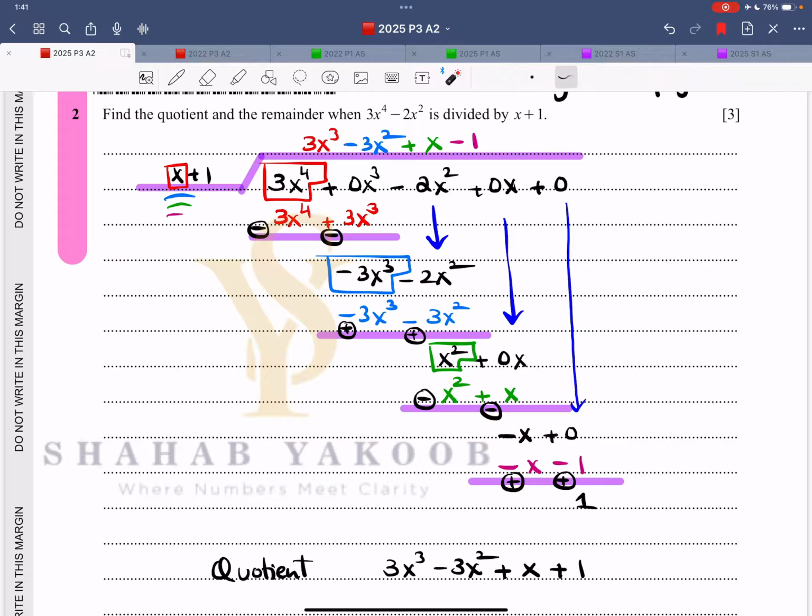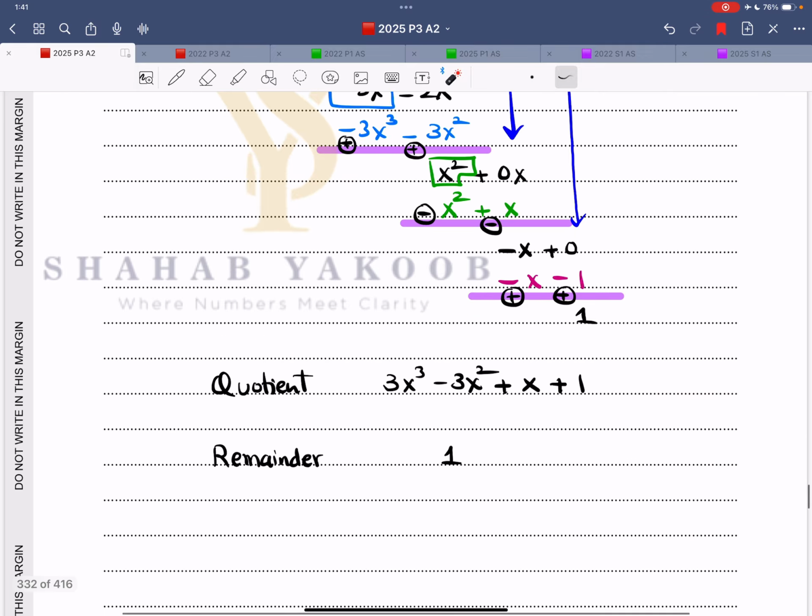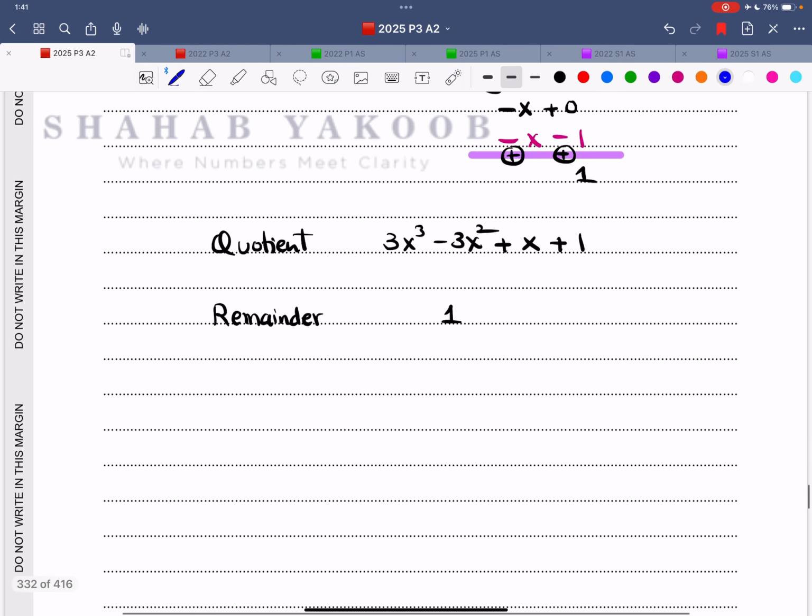And yes, it's not a factor because they're asking for quotient and remainder. Maybe in some case the remainder could come out to be 0, no issue. But right now they want the remainder. So now this thing, negative x over x, is negative 1. We are left with the remainder of 1. Quotient is there, remainder is there. That is what this question is all about.